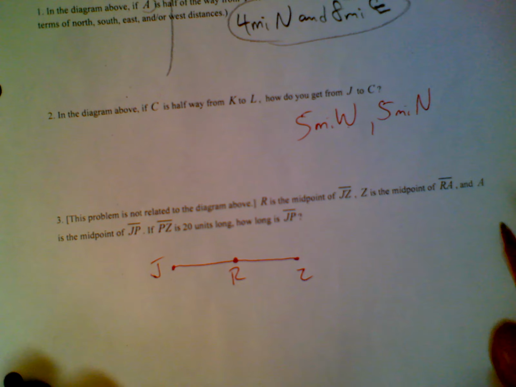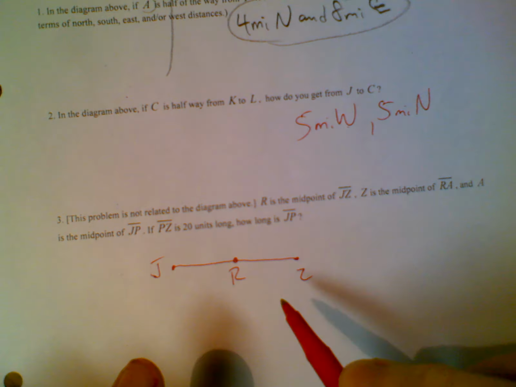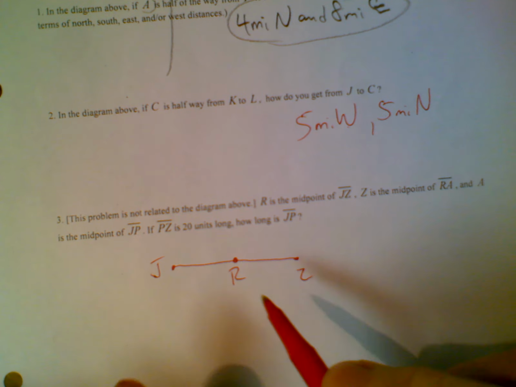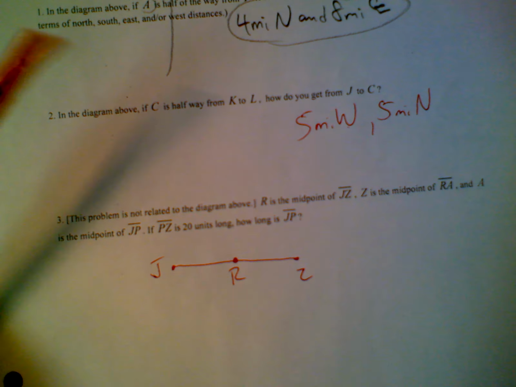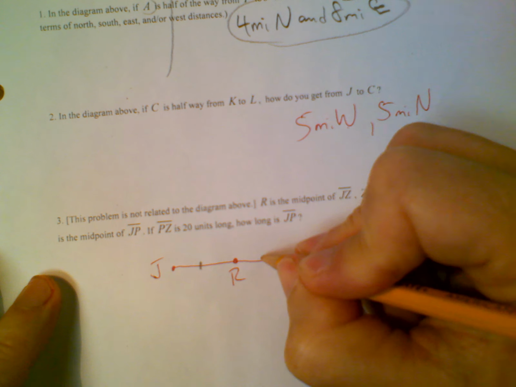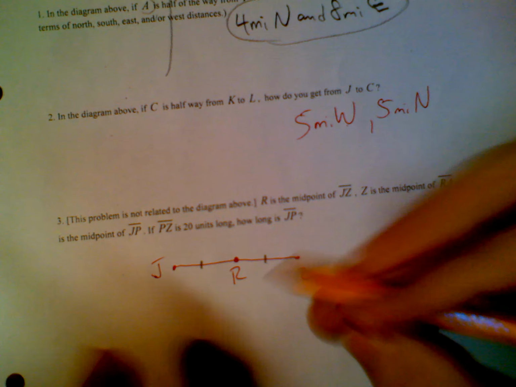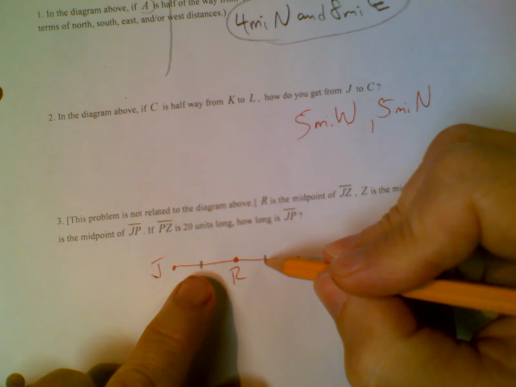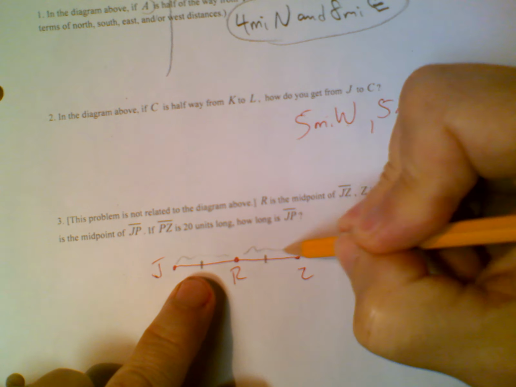Now here's 2 ways that you can mark the diagram to show anybody else who's looking at it that you intend for R to be not just somewhere in the middle, but the exact middle. You can either mark it like this. We put a couple of, we call these tick marks in mathematics. As long as the marks are identical, what they're telling you is that this distance and this distance are the same.